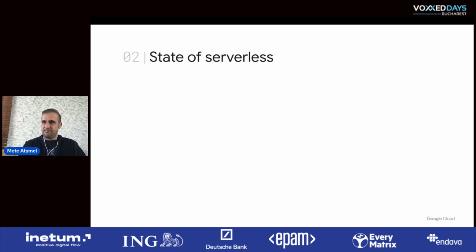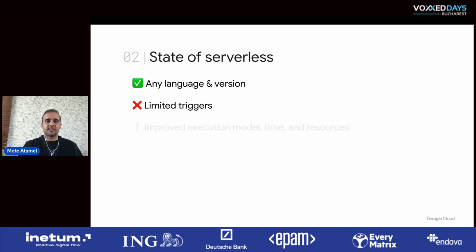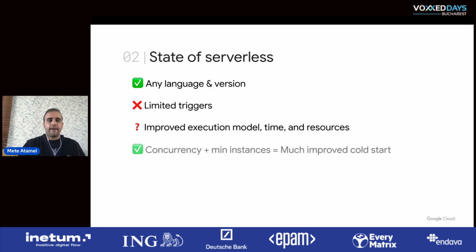Okay, so at the end of this phase, now we can run any language and version with containers, so that's not an issue anymore. We still have limited triggers, so it's still mostly HTTP-based triggers that we had from the first phase. Our execution model and time and resources are increasing, and they're getting better, but there's still limitations that you need to be aware of. Cold start is not an issue anymore with concurrency and minimal instances.